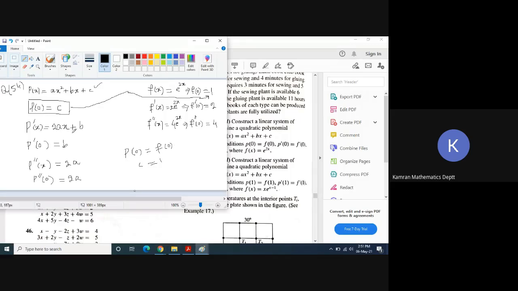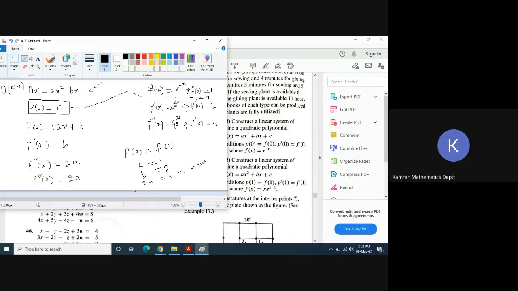Similarly, P prime of 0, that is b, is equal to f prime of 0, which is 2. And P double prime of 0, which is 2a, is equal to f double prime of 0, which is 4. So a is equal to 2.